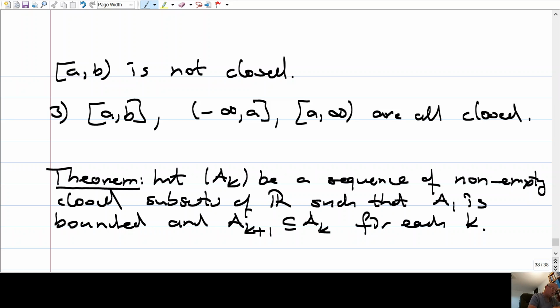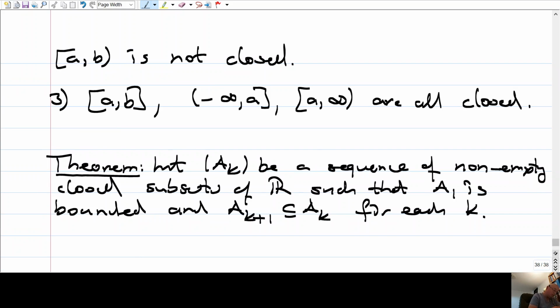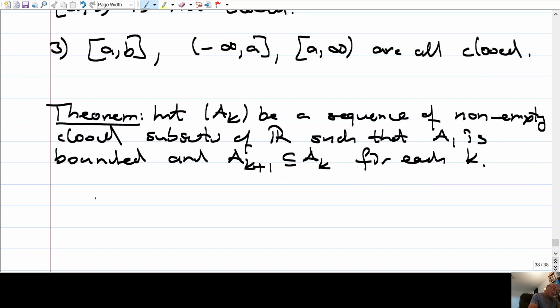So A2 is inside A1, A3 is inside A2, and so on. Okay, so we have something like this: A1, A2, A3, and it goes like this.